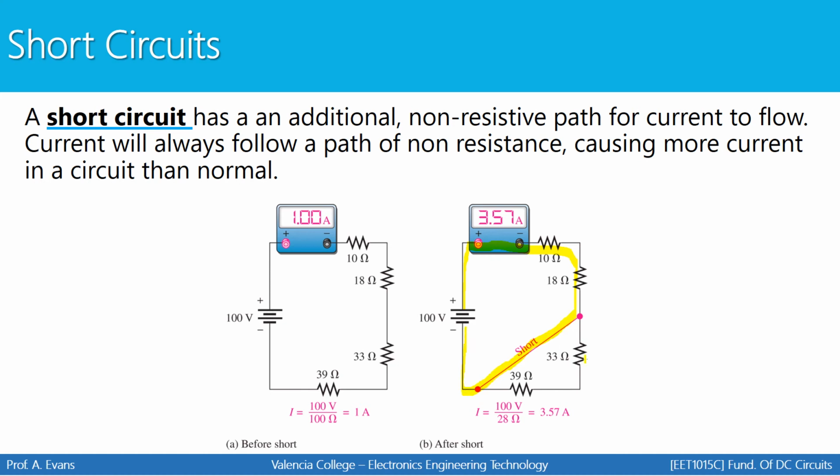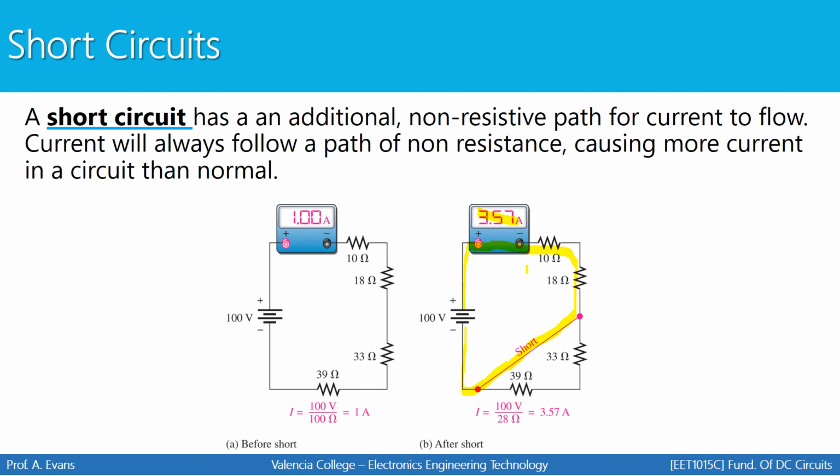The current will never flow through these two resistors here because current will always take a path of non-resistance. So the current is going to follow this path. So this path has less resistance because you've cut these two out, which drives your current up. This circuit may not have ever been intended to have that much current, so a short circuit can be a huge problem because it creates more current than normal in a circuit. So that's what a short circuit is.